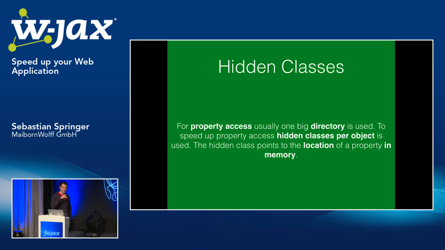Traditionally, you have a big dictionary where all the objects and the properties are registered. And if you access a certain property, then the browser's engine looks up the location of this property in memory, and gets the content of this property out of the memory.